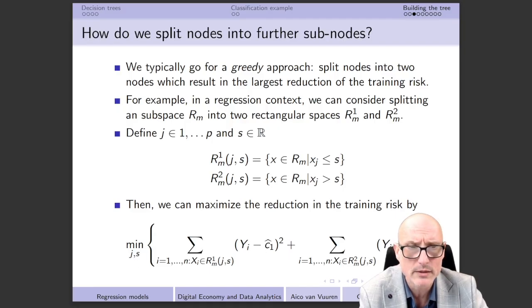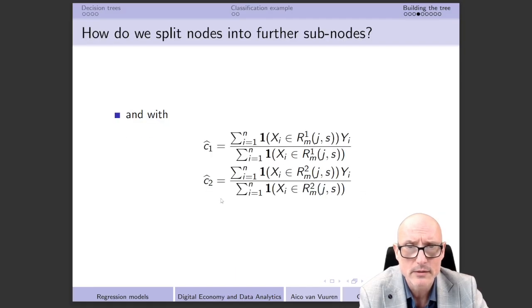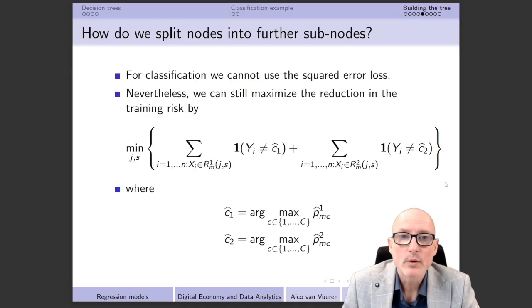And of course, as I already said, this C2 hat is this definition that we have over here. So far we have only been looking at the situation of regression. At the moment that we would like to look at classification, of course we cannot use the squared error loss. However, the idea is exactly the same.